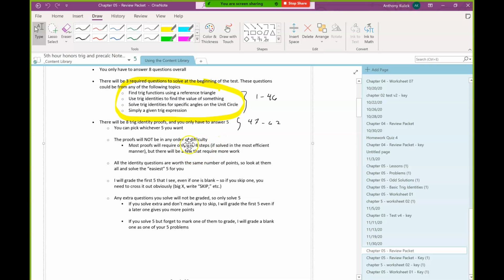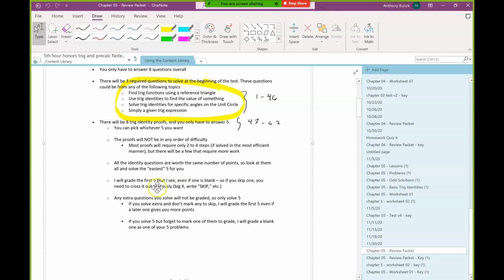Most of them are going to be fairly straightforward, what I would consider easy ones that could be done in 2 to 4 steps if you're doing it in the most efficient manner. But there could be a couple that are a little bit more difficult than that. They're all worth the same. So pick the 5 that seem the most straightforward or the easiest to you.